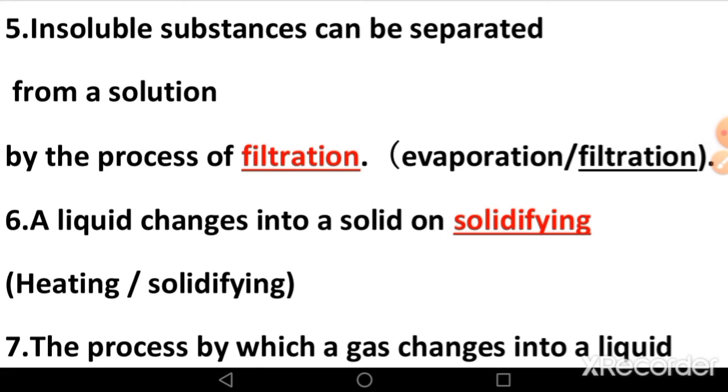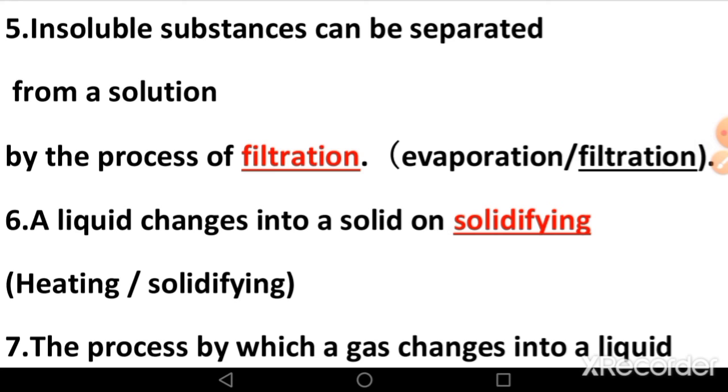The answer is FILTRATION. In the bracket first option EVAPORATION, FILTRATION.